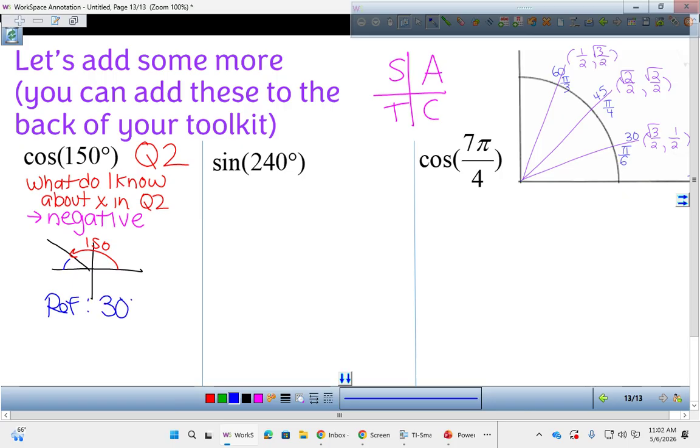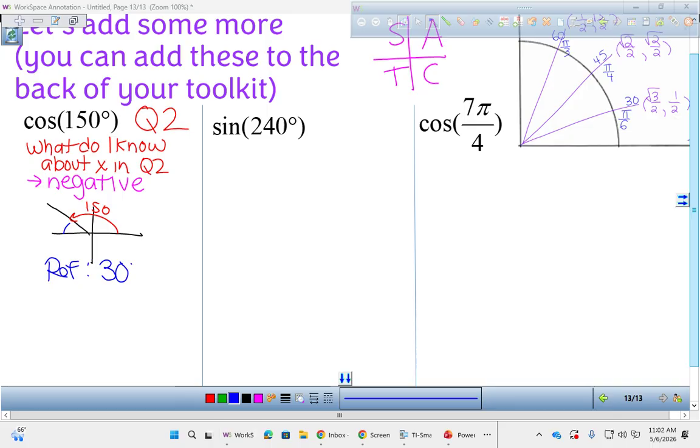So what that means for my answer is I want to use the coordinate point at 30 degrees. We have that generated here. So at 30 degrees, we have root 3 over 2 and 1/2. Everybody okay so far? Why I'm picking 30.